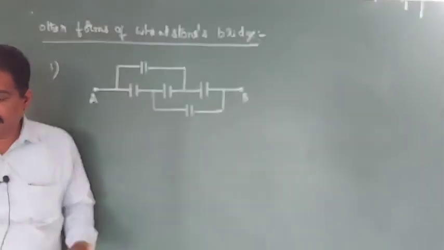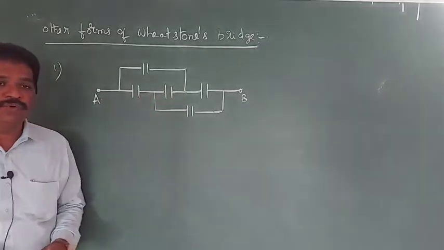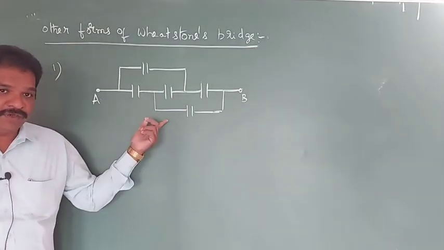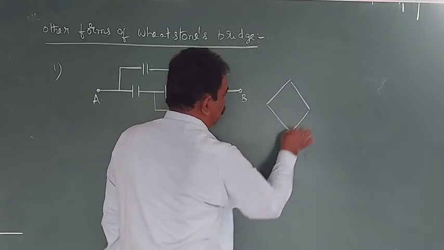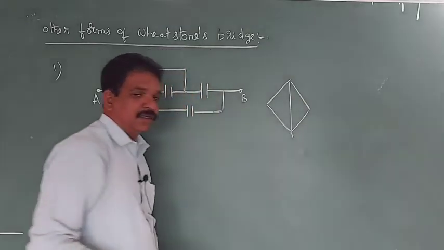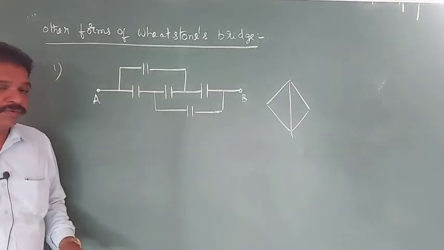Understanding? If the circuit is in this format, we can consider it as the Wheatstone bridge circuit. How will it be a Wheatstone bridge? I know only this shape will be the Wheatstone bridge. How it will be a Wheatstone bridge means, try to use the same.